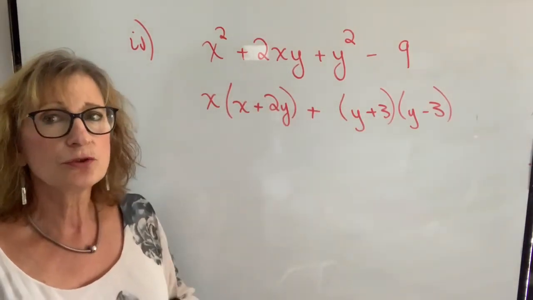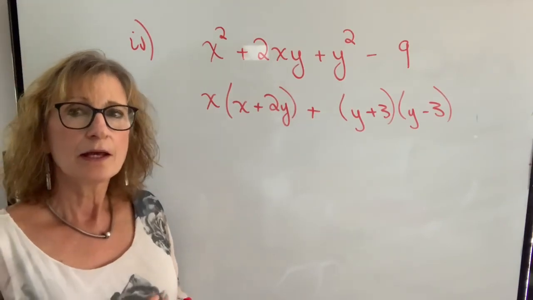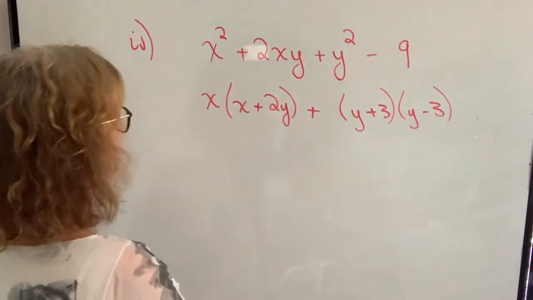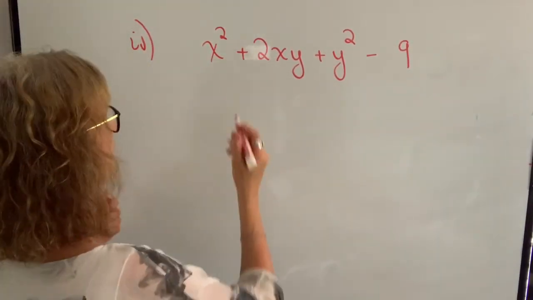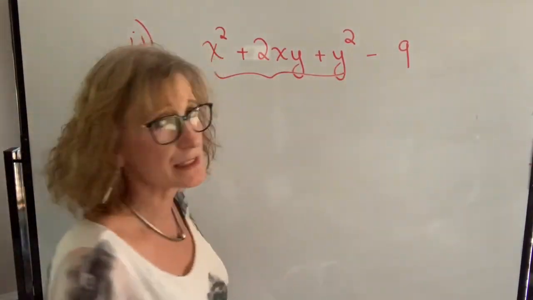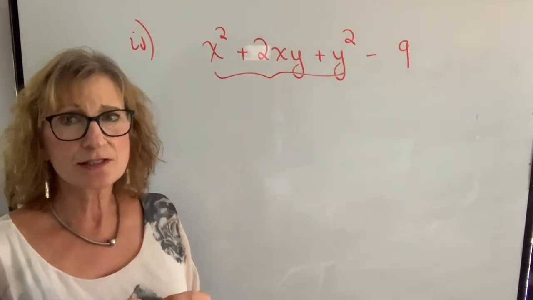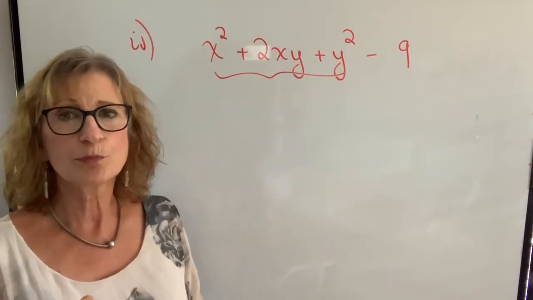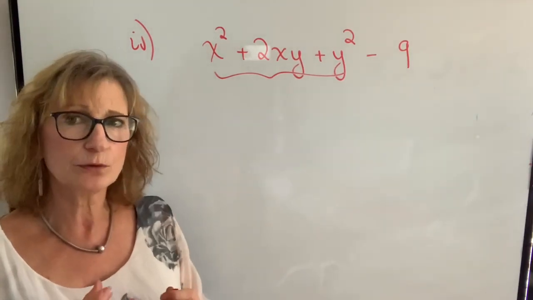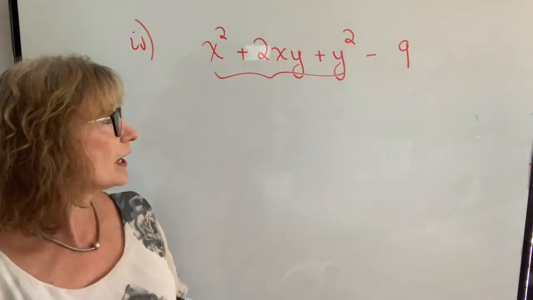So I want to think of grouping a little bit differently this time. I'm going to group these 3 terms together because that's actually considered a special product. And if you have been working with products of polynomials, hopefully you can maybe recognize it as well.